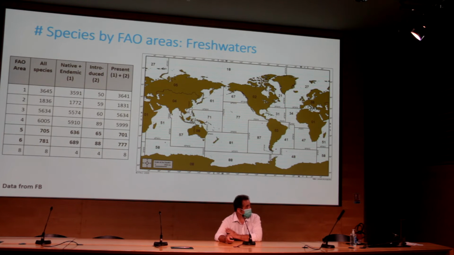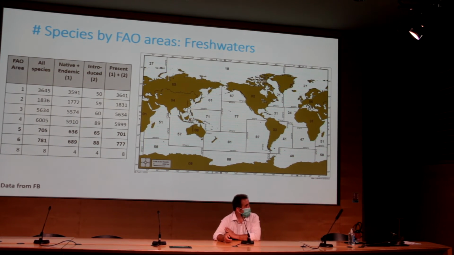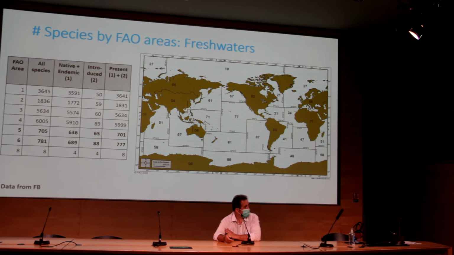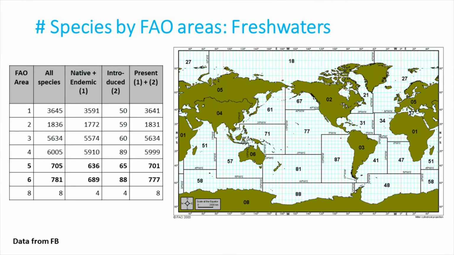Well, here are some numbers by FAO area, as an example of number of species by geographic area. This is for freshwater, so for the continent, the number of FAO area are from 1 to 8. Here you can see that in Europe and in Australia, there is a much higher number of introduced species than in other continents.